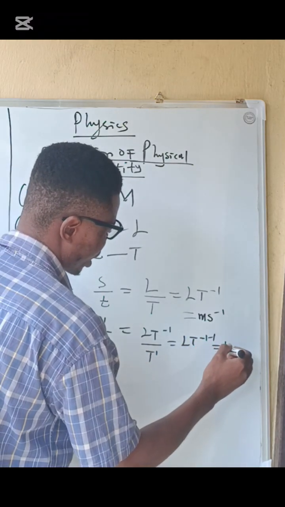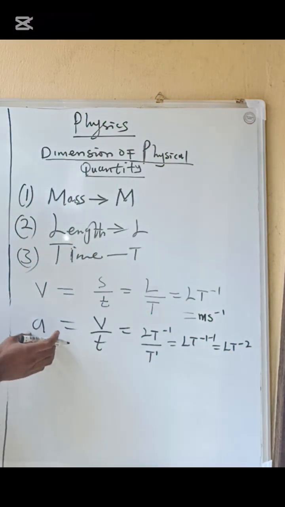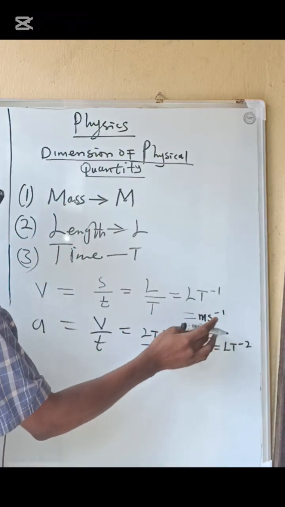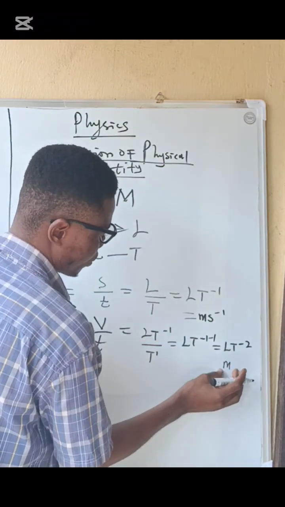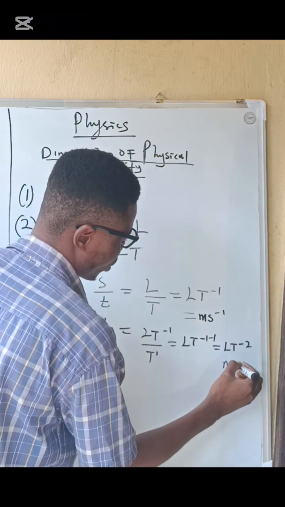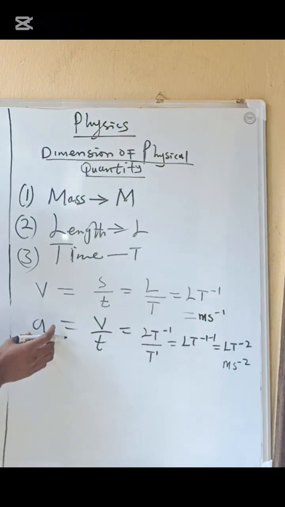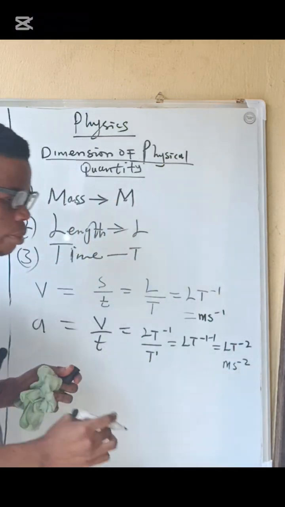So we are going to have LT minus 2. So it means that the dimension for acceleration is LT raised to power minus 2. Then if you want to find the unit, length is measured in meter, then time is measured in second, raised to power minus 2. So it means that acceleration is measured in meter per second square.